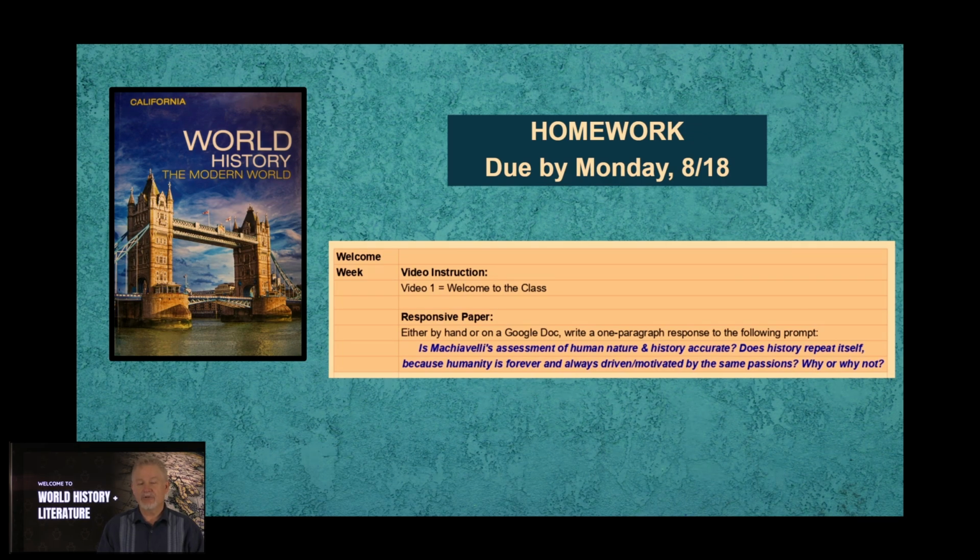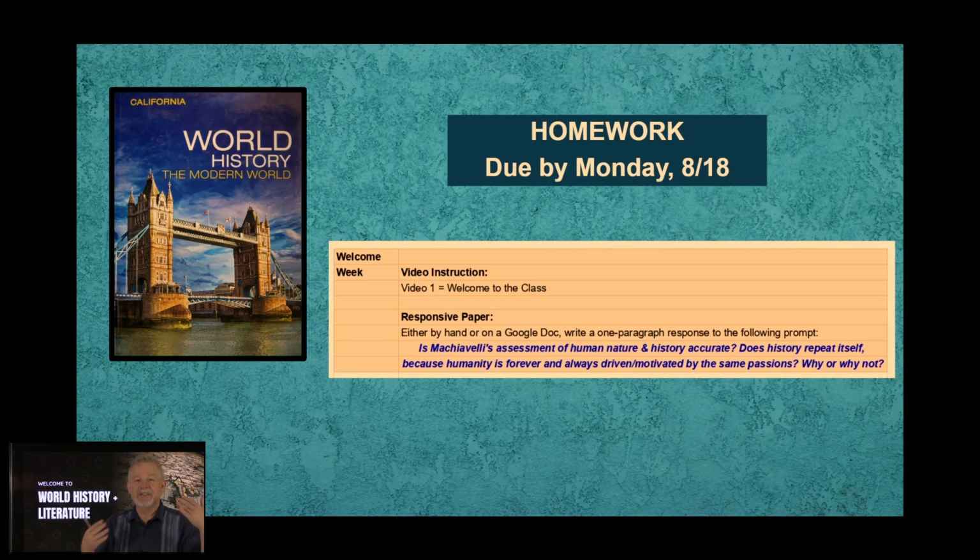You need to go back to Machiavelli's principle and ask yourself, is Machiavelli correct? Is his assessment of why history repeats itself right? Is the state of human nature such that it always will produce similar outcomes?